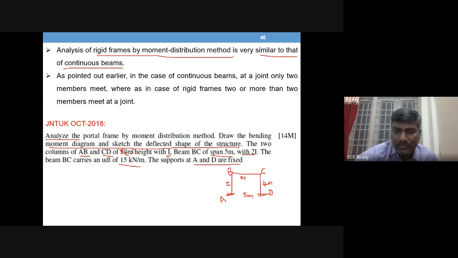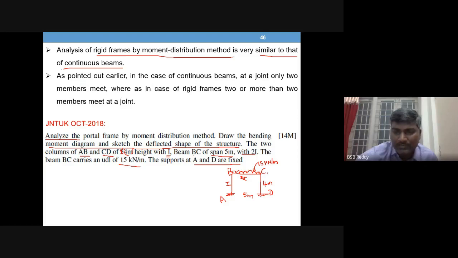Moments of inertia are given. BC carries a load of 15 kilonewton per meter UDL. So this is the given question. Draw the BMD.